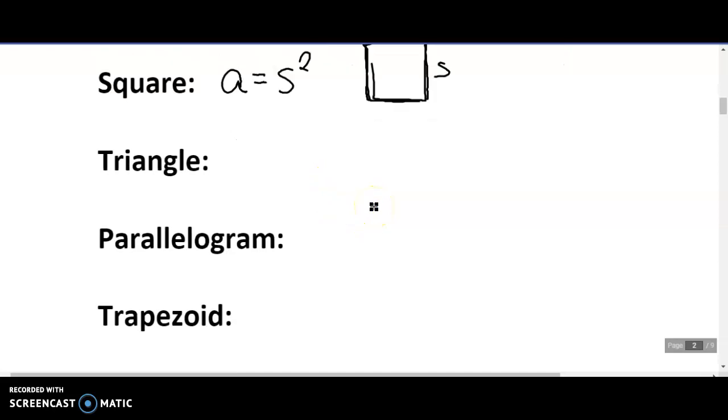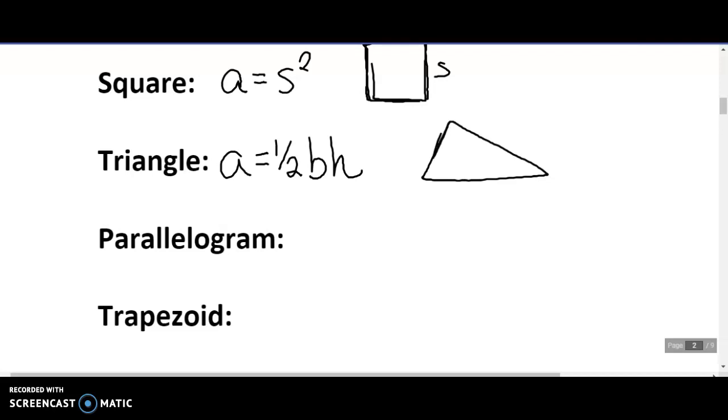For a triangle, we use the area formula of half times base times height. And the base can be any side, but the height has to be 90 degrees, the length from the base at 90 degrees to the highest point.